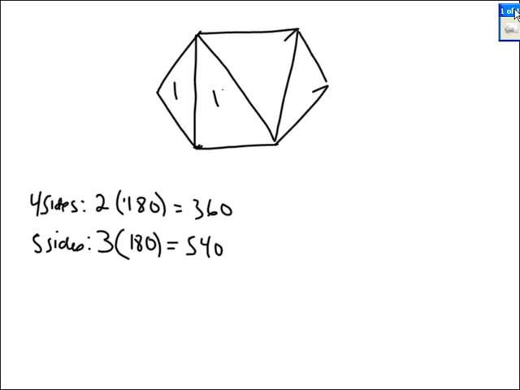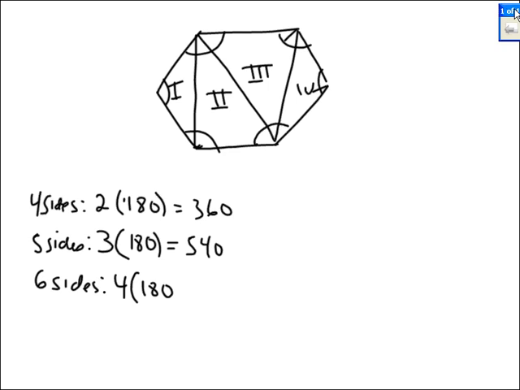Nonetheless, you get 4 triangles. And these 4 triangles use this angle and this angle and this whole angle and this whole angle and that whole angle and that whole angle and nothing else. So when you have a six-sided figure, you have 4 triangles. So the angles inside will add up to 4 times 180 degrees, which I guess is 720.